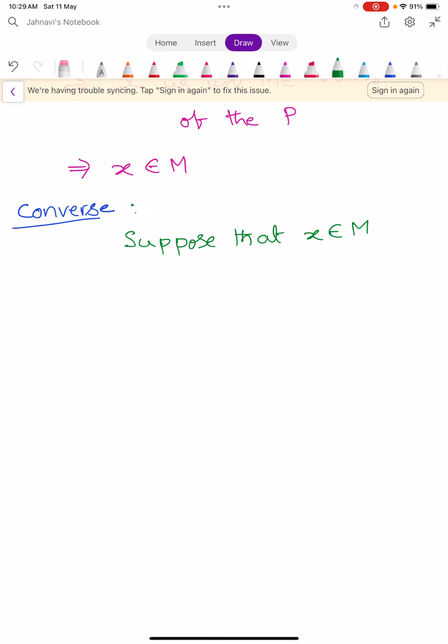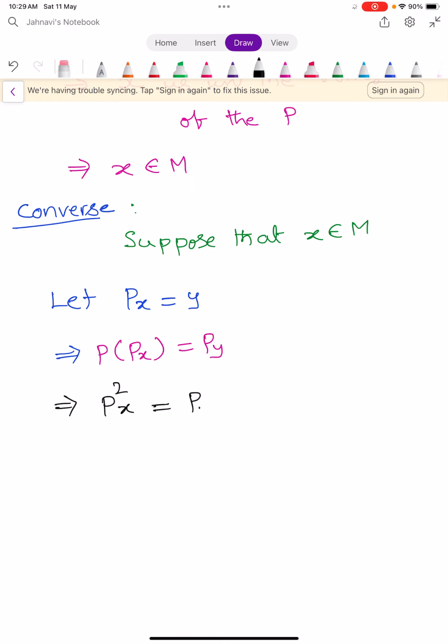We have to prove that Px is equal to X. To prove this, let us take Px is equal to Y for some Y. Now, operate on both the sides with P. P of Px is equal to Py, which gives P square X is equal to Py. Already we learned that P is a projection, so P square is equal to P. This gives a result of Px is equal to Py.